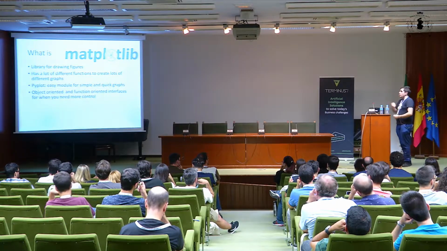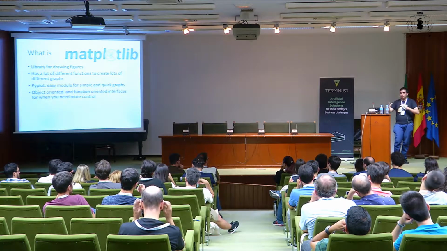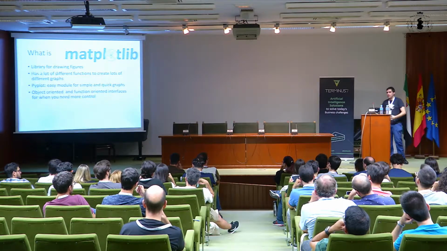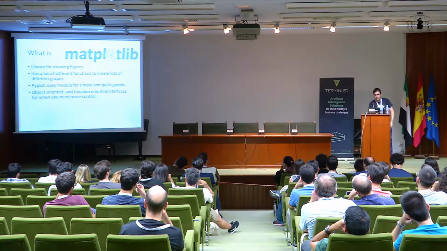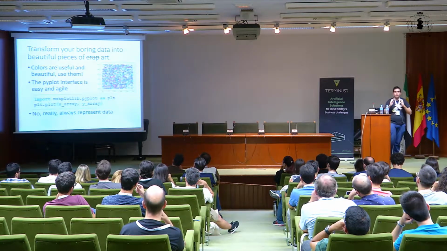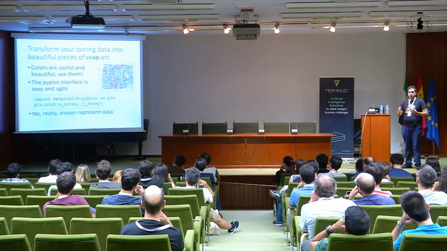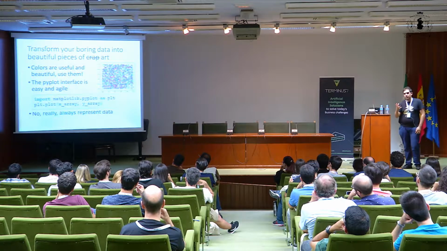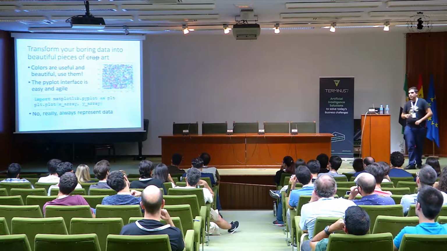So, Matplotlib is a library that will allow us to plot, to represent graphically what we are doing. And I think it's very important, please, when you have data, always plot your data, okay? Always represent what you are doing, because there is a lot of information that you can get very easily visually, but if you only see the numbers, you won't get any information from it.